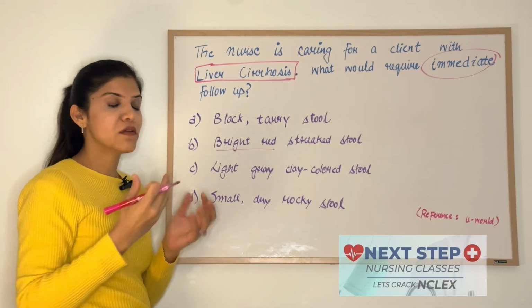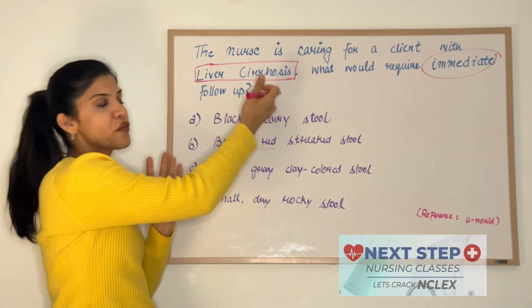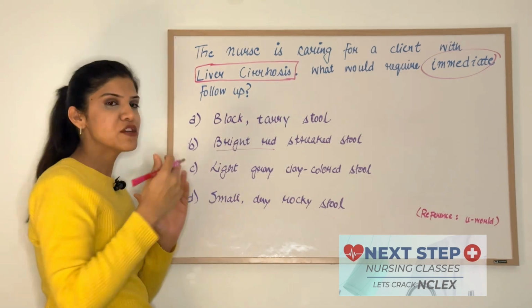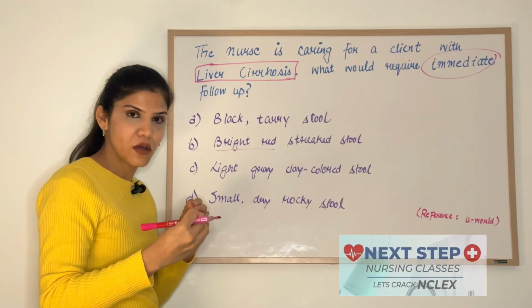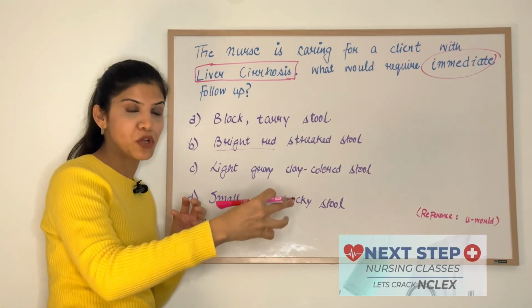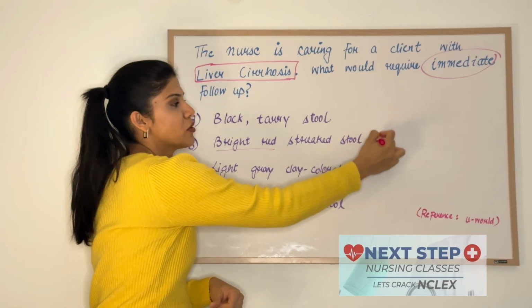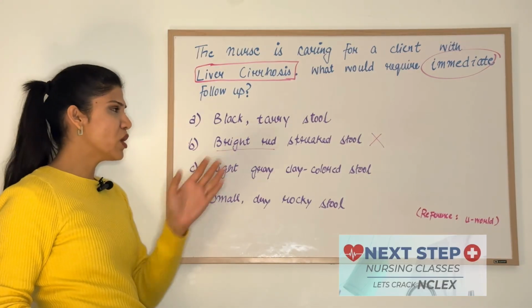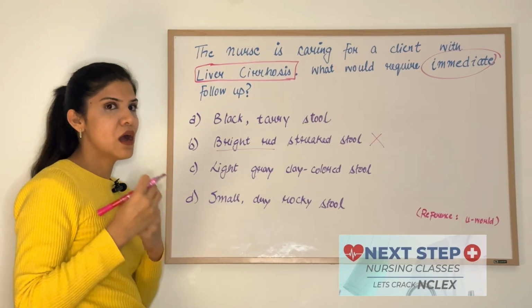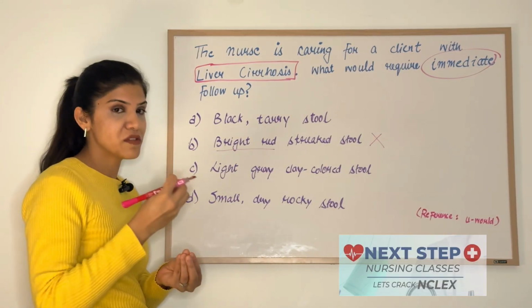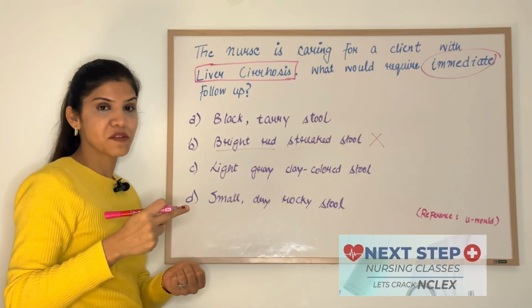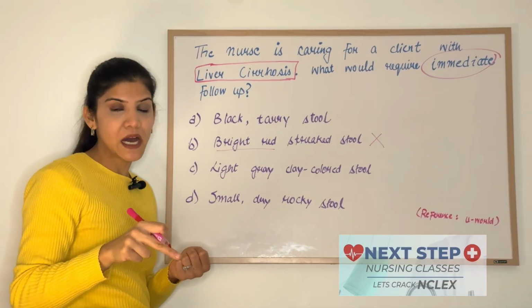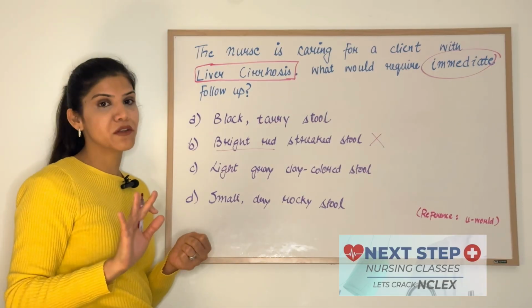Fresh blood means recent bleeding is going on inside the patient's body. So bright red stool is a 100% no, because there's nothing like fresh blood going on in liver cirrhosis. The patient may bleed, however, but definitely not fresh blood.